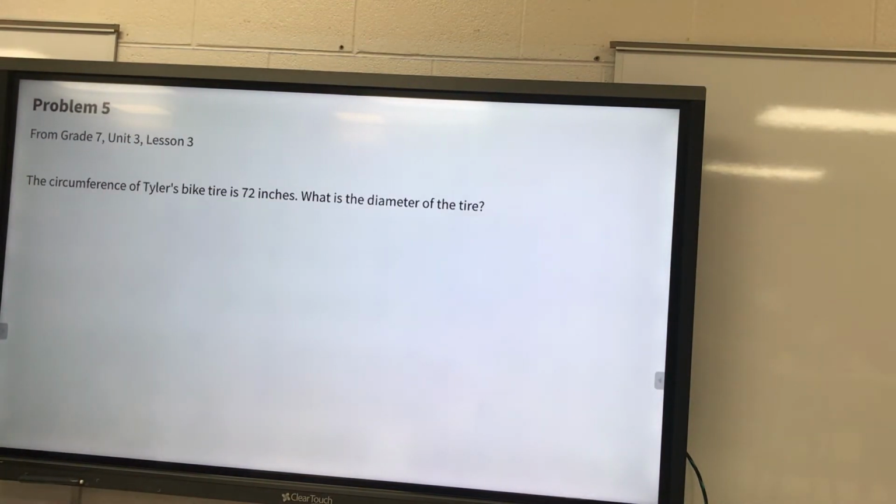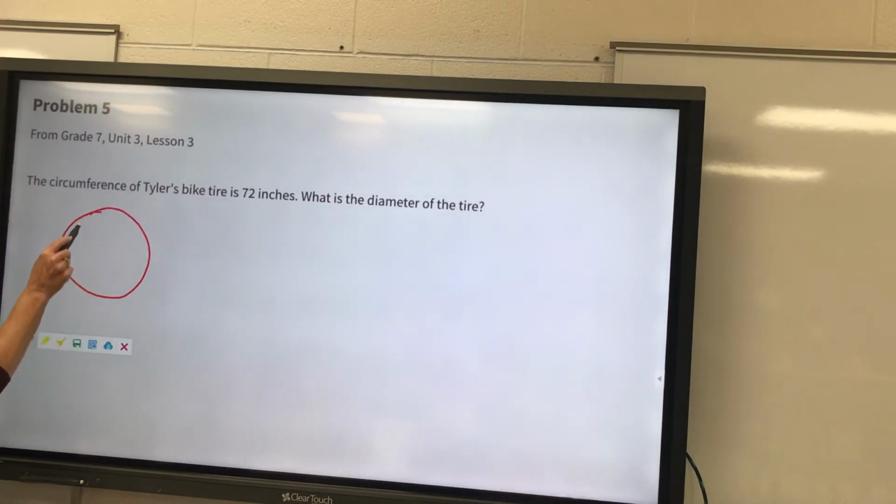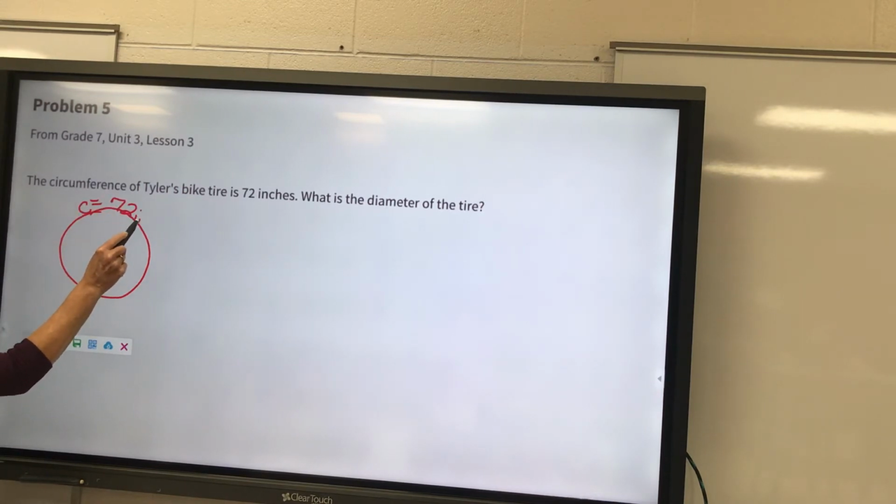Last question. The circumference of Tyler's bike is 72 inches. What is the diameter? So let's draw a picture. The circumference, so that's going around, is 72 inches. And we want to know what is the diameter. What do we know about diameter and circumference?